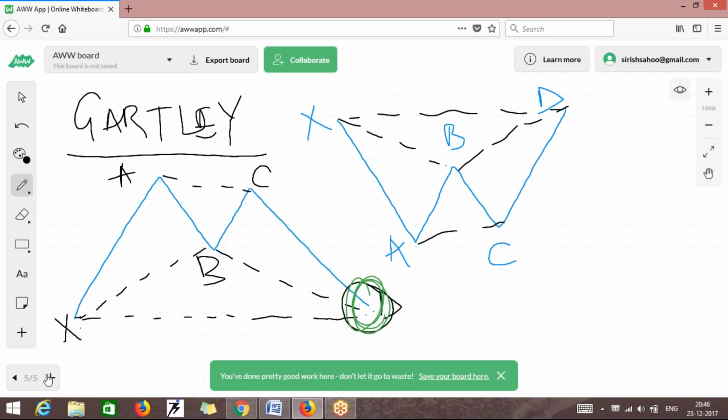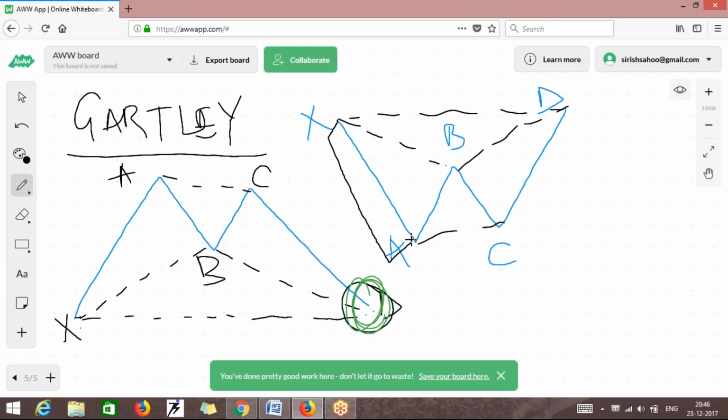Now coming to the criteria. You can Google these criteria, but let me tell you exactly what they are. This is the formation from before.